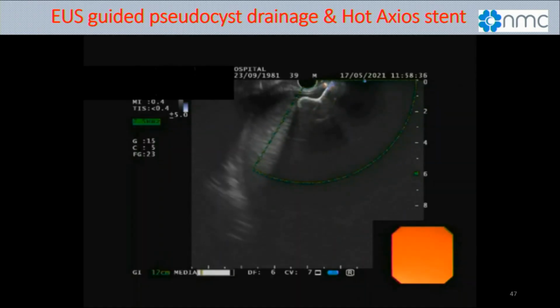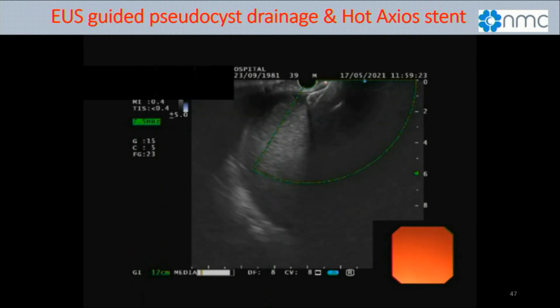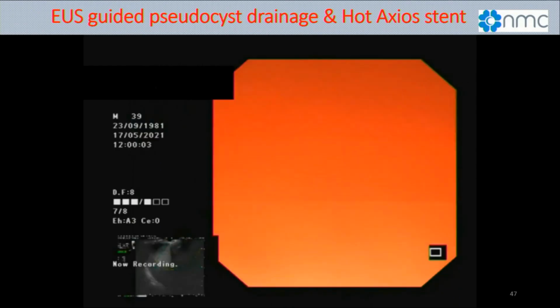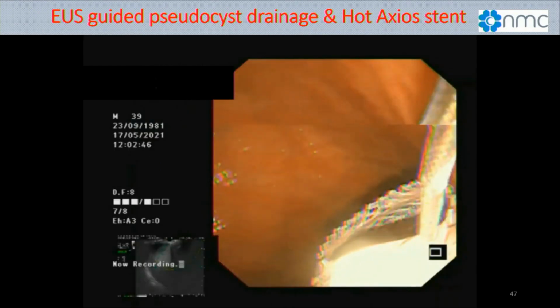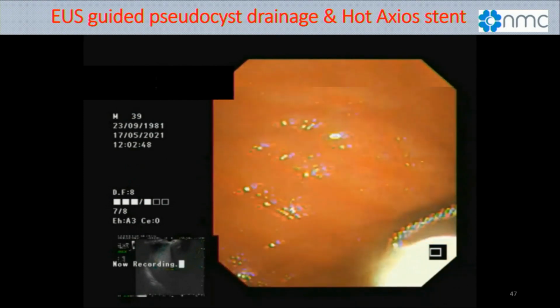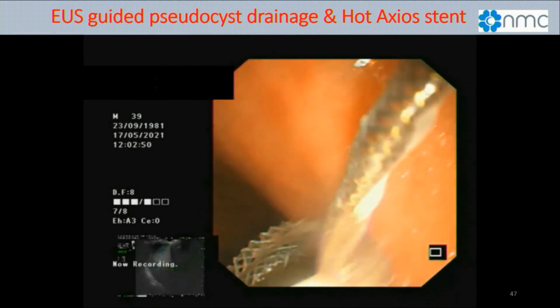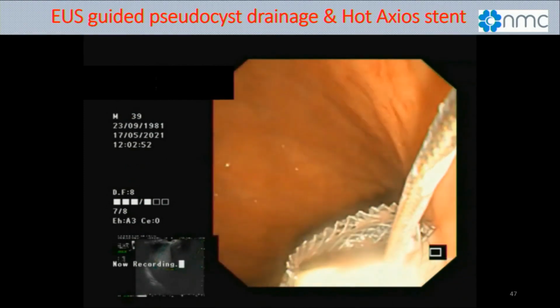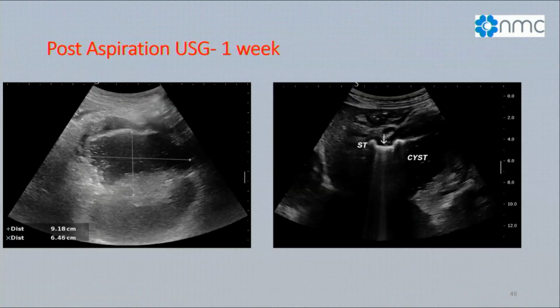You pull it across, and then you can release the other side of the flange into the scope, which will lead to drainage of this pus into the stomach, and it can relieve the symptom which the patient is suffering from. As you can see, the pus is flowing into the intestine to relieve this patient from the symptoms.